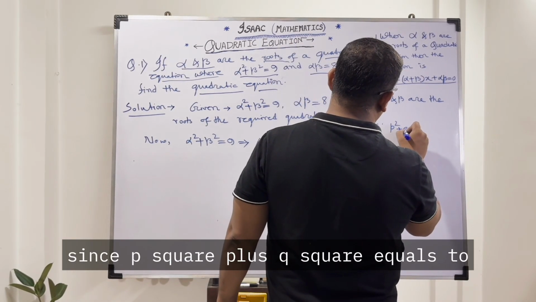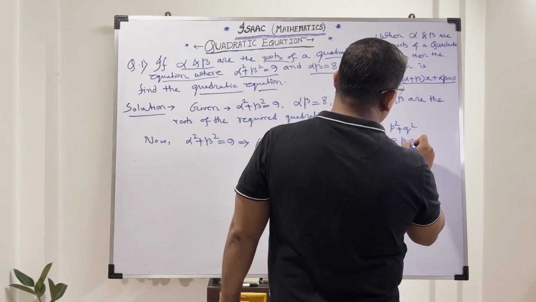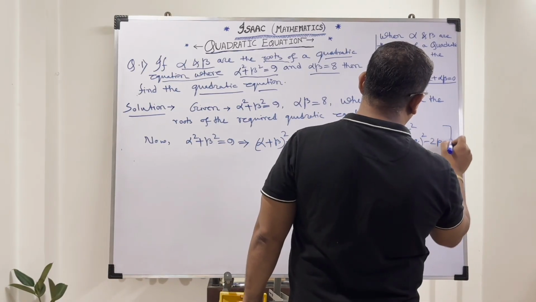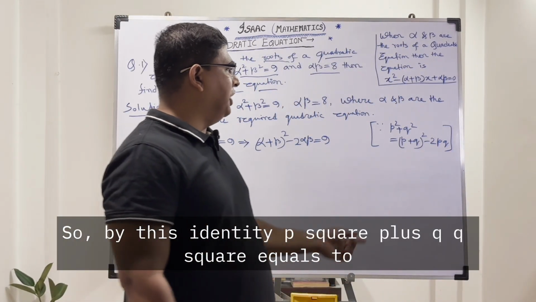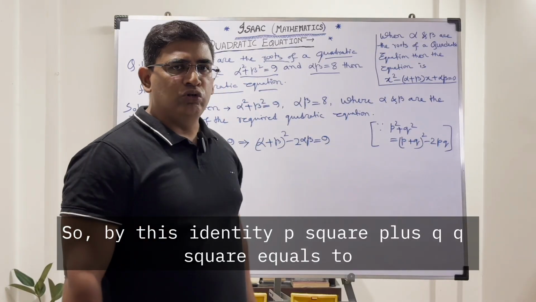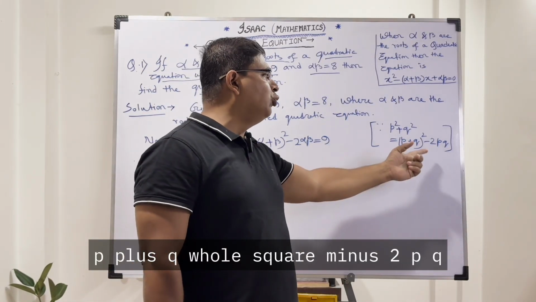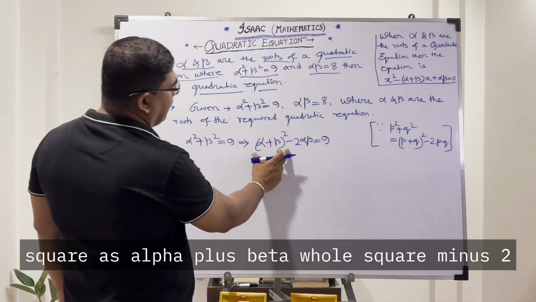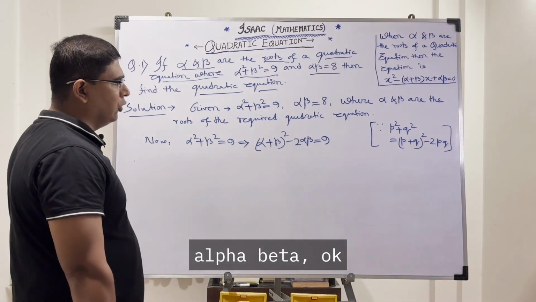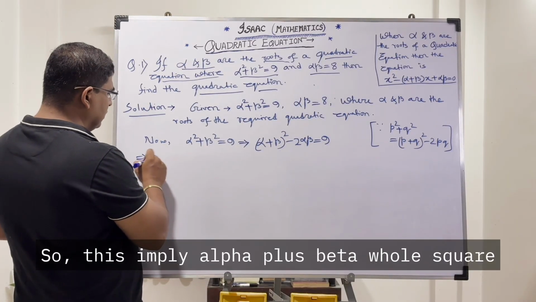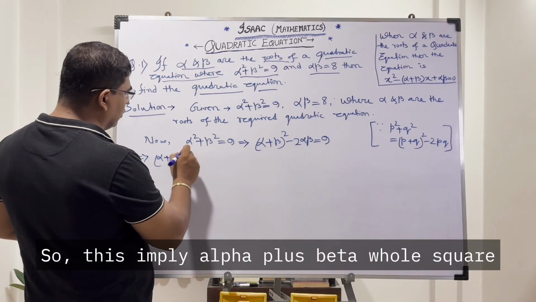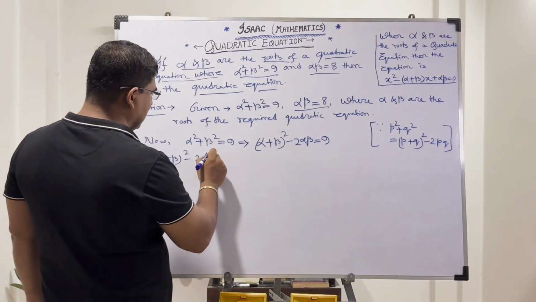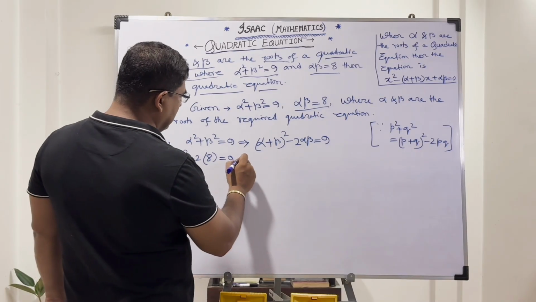Since p square plus q square equals p plus q whole square minus 2pq, by this identity we can represent alpha square plus beta square as alpha plus beta whole square minus 2 alpha beta. So alpha plus beta whole square minus 2 into 8 equals 9.